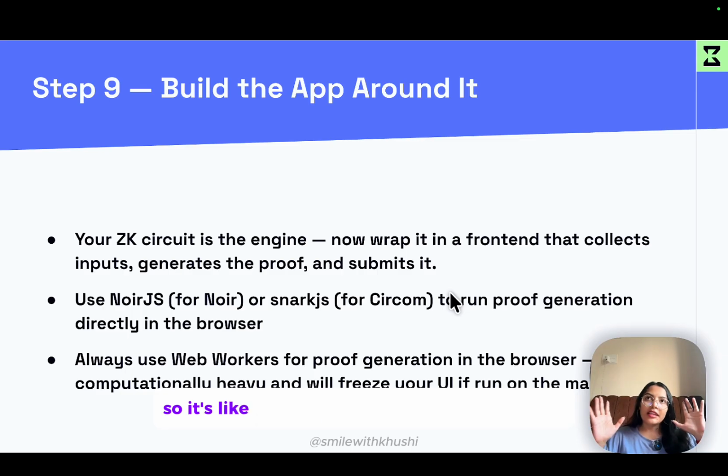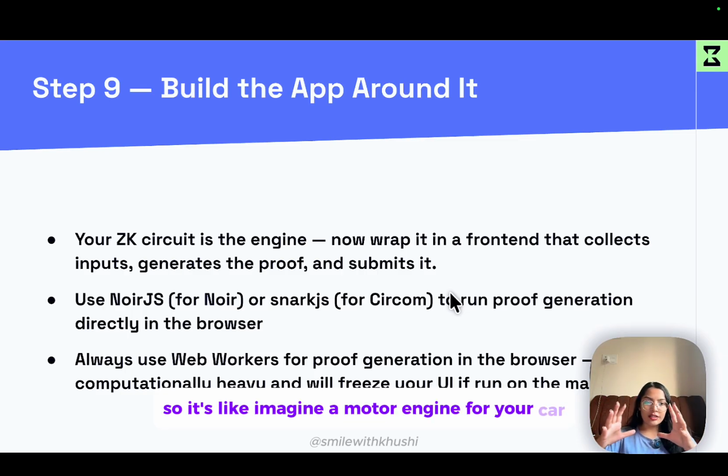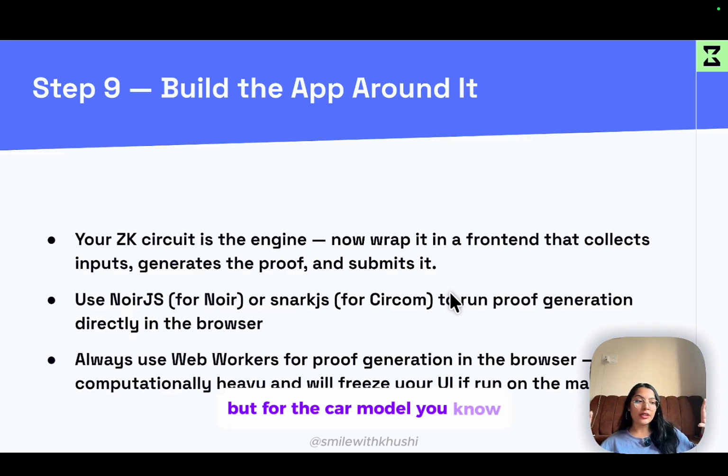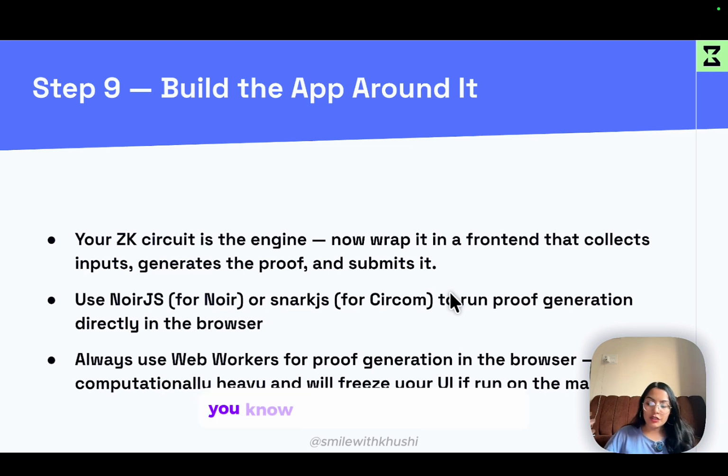Imagine a motor engine for your car. That is your ZK circuit that has all the logic, it keeps your car running. But for the car model, your seats, the steering and the other parts, you need to build the front end and the other back end components that can facilitate the input intake, proof generation, and then later the attestation submission.